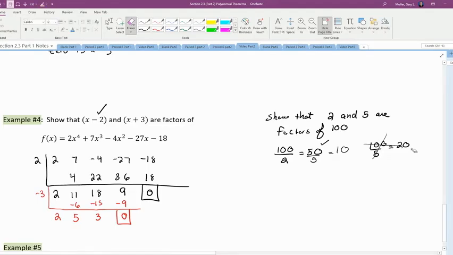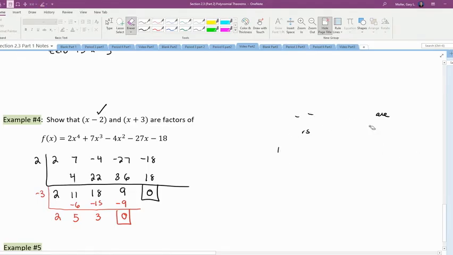All right, so let's summarize what we've done. I took this problem, which I have no idea how to factor, and I showed that x minus 2 is a factor, and the other factor that goes with it would be these numbers right here.